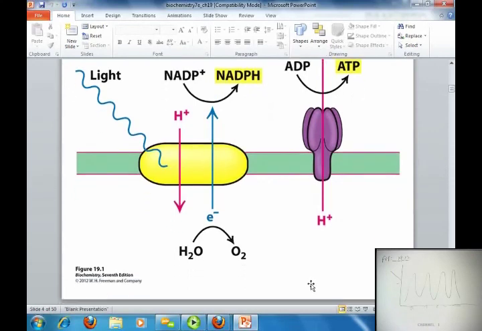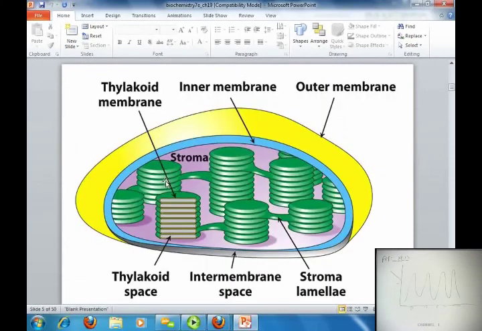How does it happen? Now you can see the structure of the chloroplast. Yellow is the outer membrane. Here is the chloroplast inner membrane, and the inner membrane folds again inside, like the matrix in mitochondria. The inside is the stroma, and the stroma is filled with thylakoid membrane.